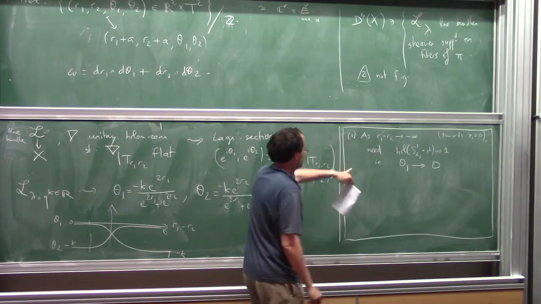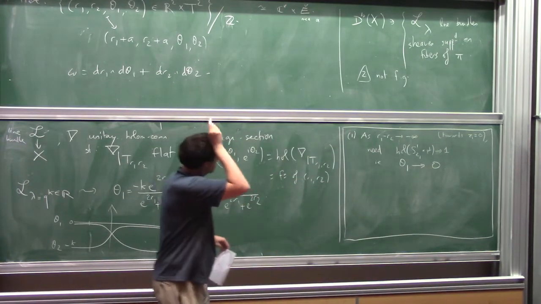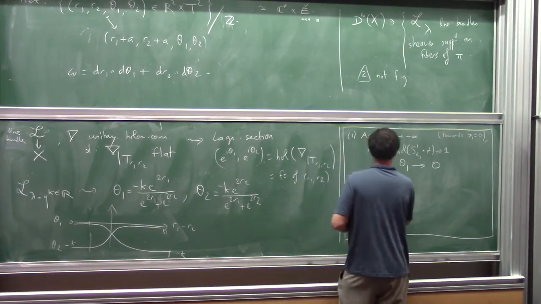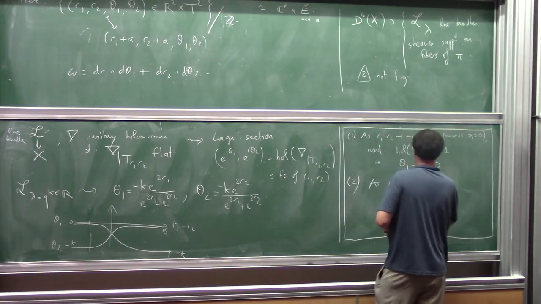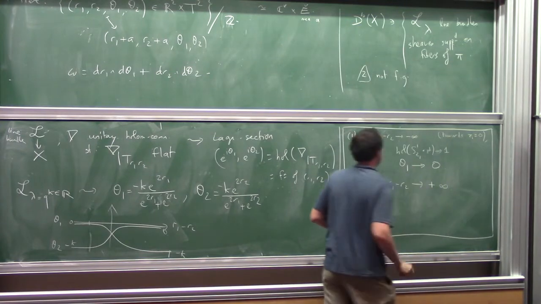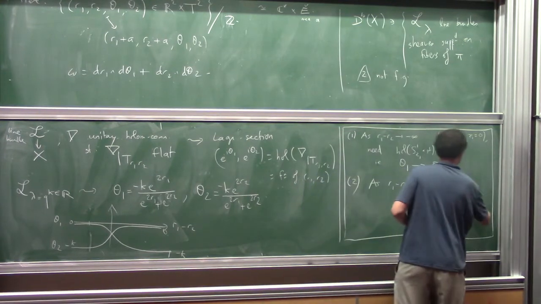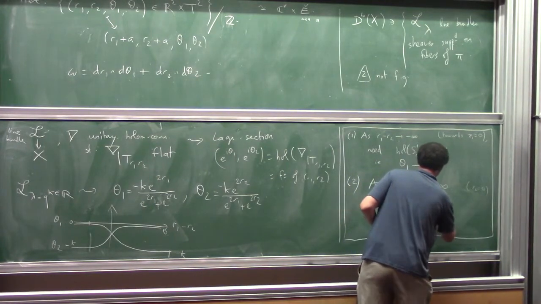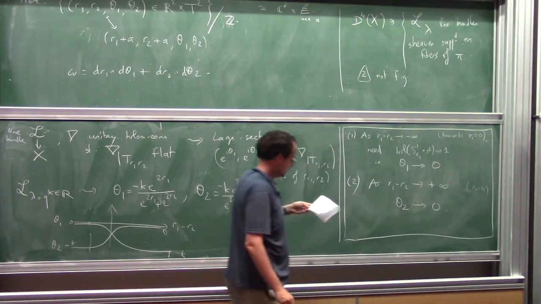That's the boundary condition I want to put when R1 minus R2 goes to minus infinity. And in the other direction, when R1 minus R2 goes to plus infinity, towards Z2 equals 0, I will impose that theta 2 goes to 0.